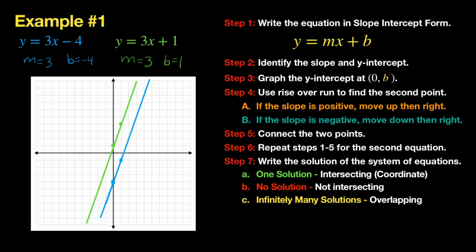Option A, one solution, the lines are going to intersect at one point. B, no solution because the lines don't intersect. And C, infinitely many solutions because they're overlapping. So for this example, we have no solution. So let's write no solution.